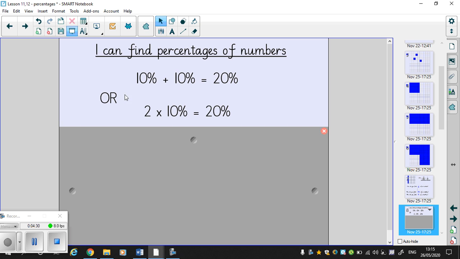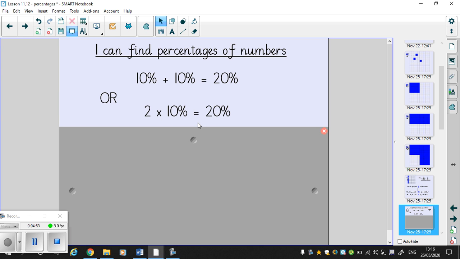So if we can find 10% of a number, then we can find 20% of that number. Because 20% of that number is simply 10% add 10%. It's 2 lots of 10%. Or we could find out 10% and multiply it by 2. 2 lots of 10% makes 20%.